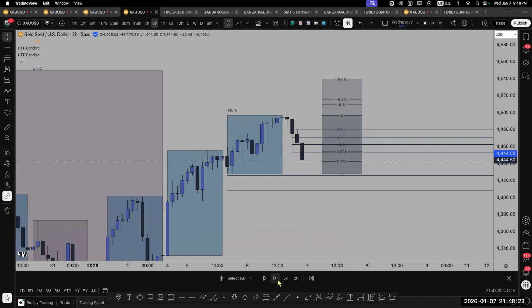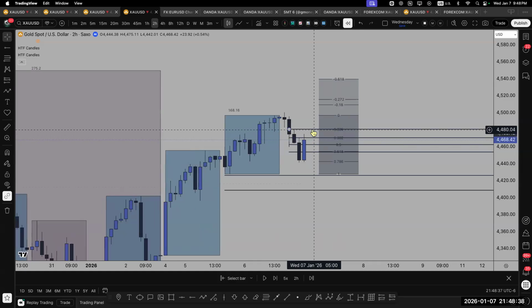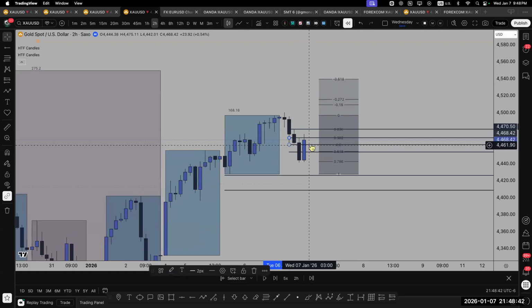And again, we're backtesting as well. How could we have gotten the buy? Okay, and price kept pumping down. It went to the 78% level, right? The deep discount level, and pushed price back up to the 38%. Remember, in order for price to reestablish itself bullish, what does it need to do?